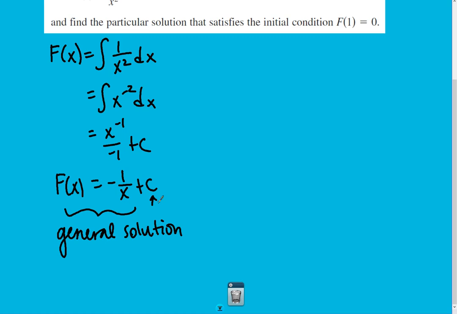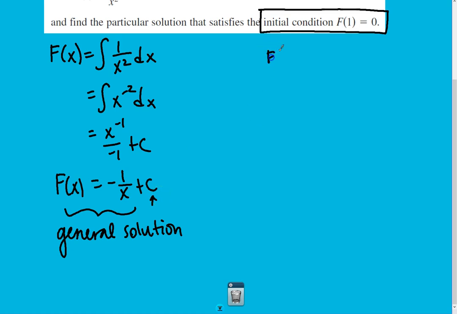To find out what that is, I use something called an initial condition. I have the initial condition that when I plug in a 1 for x into this guy right here, I'm supposed to get a 0 overall.